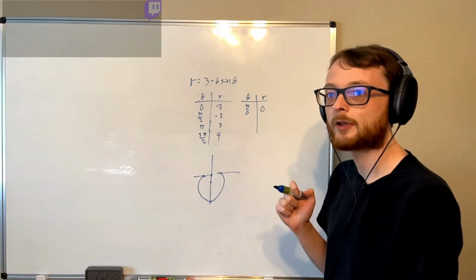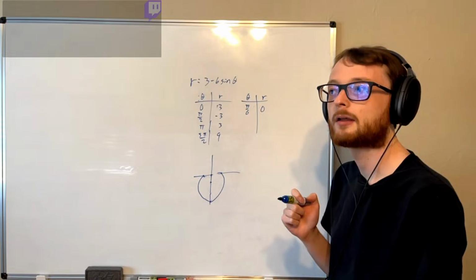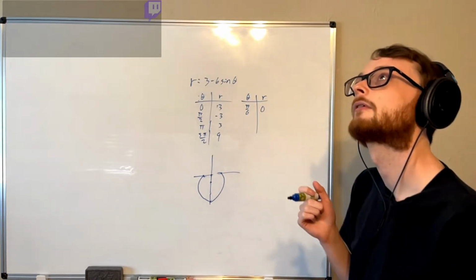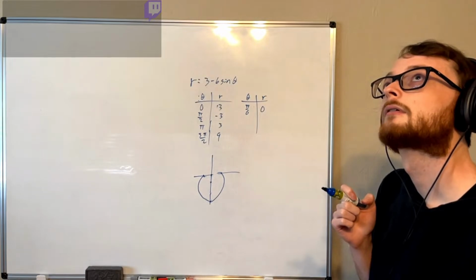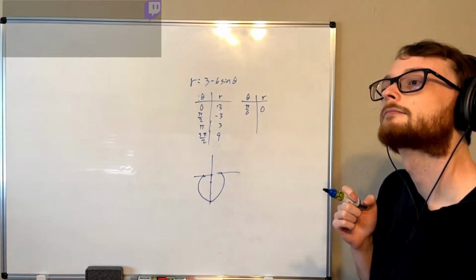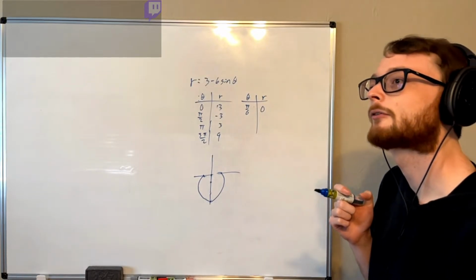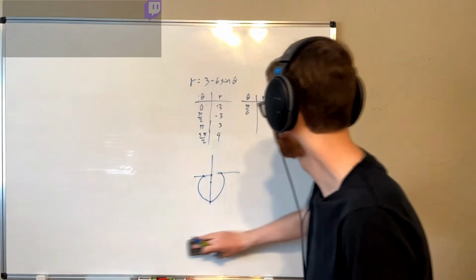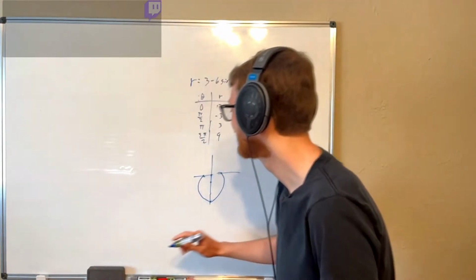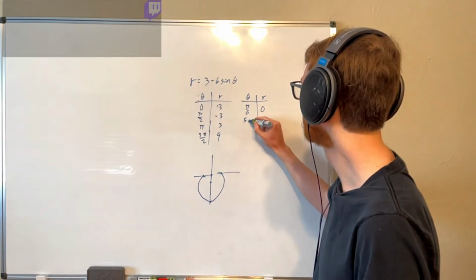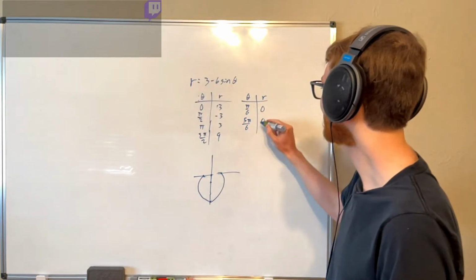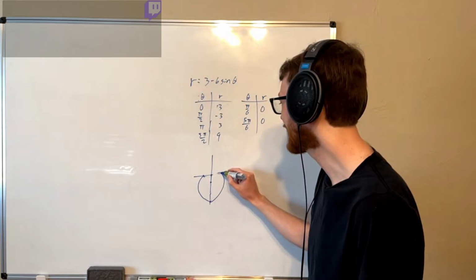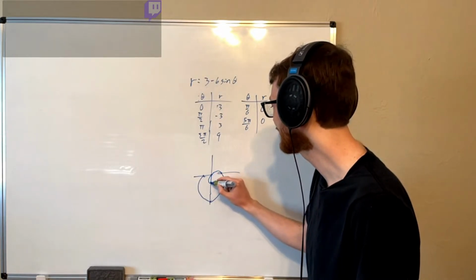The other place where sine is positive 1/2 is pi minus pi over 6, basically 5 pi over 6. And so we get another point there. So that's how you know it crosses over that point twice.